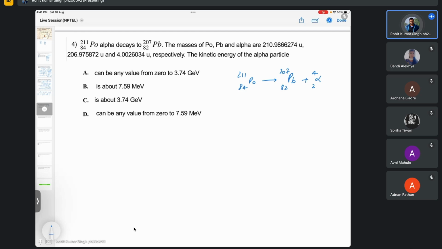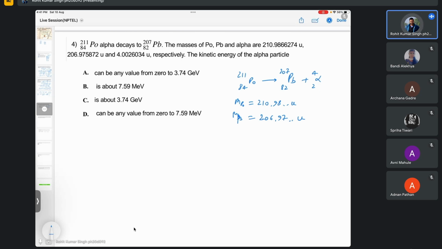The mass of polonium is given, which is 210.98 and so on. The mass of lead is given, which is 206.97 in units of U.